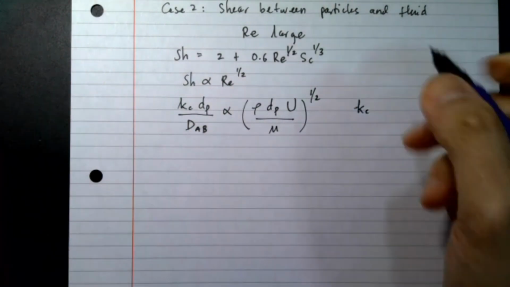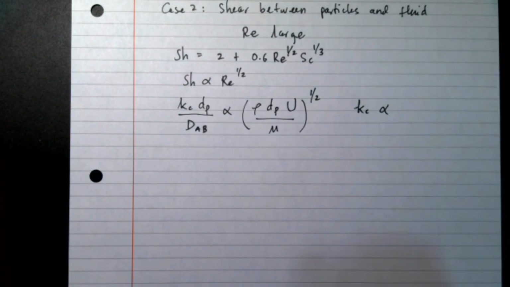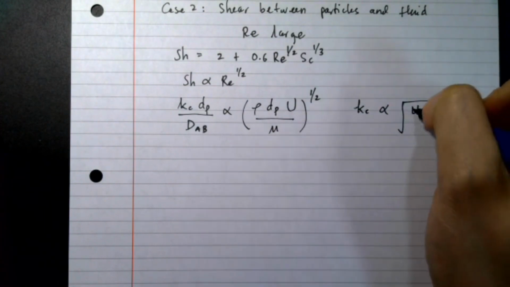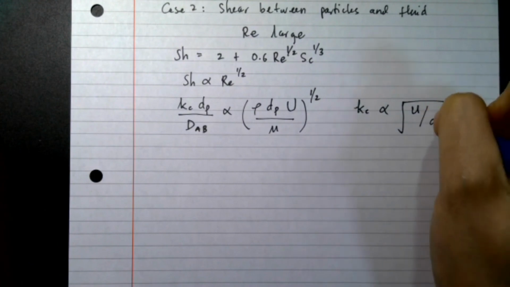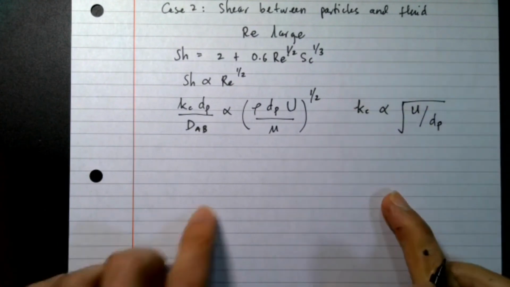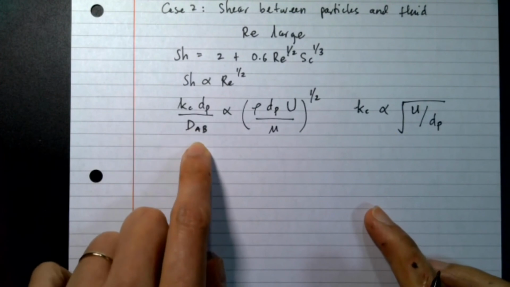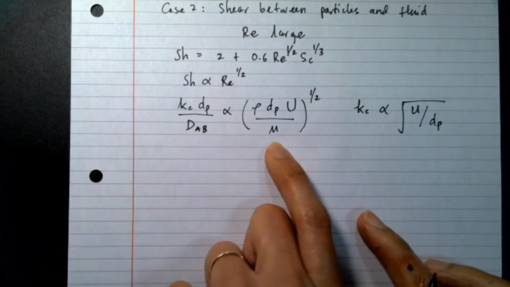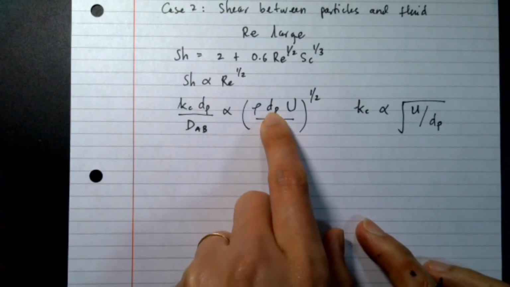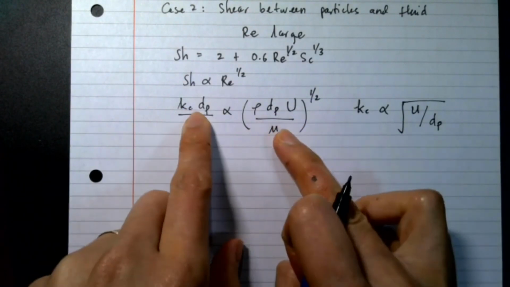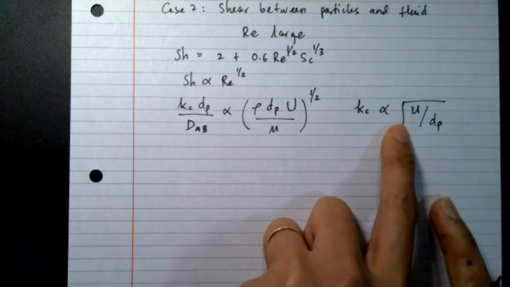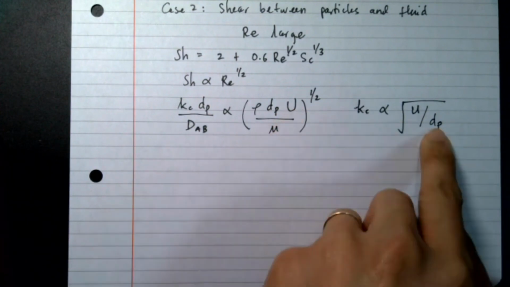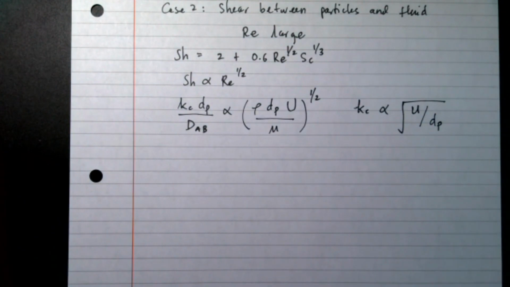So from this, Kc is proportional to the square root of the fluid velocity u divided by the particle diameter dp, because DAB, the density and the viscosity are constants, and you have square root of dp on this side and dp here on this side.